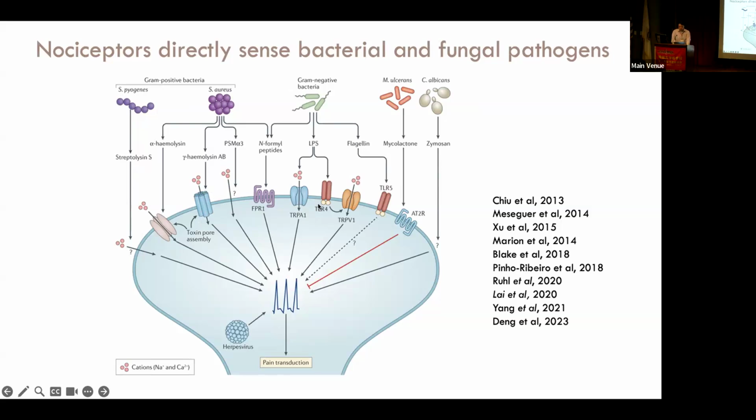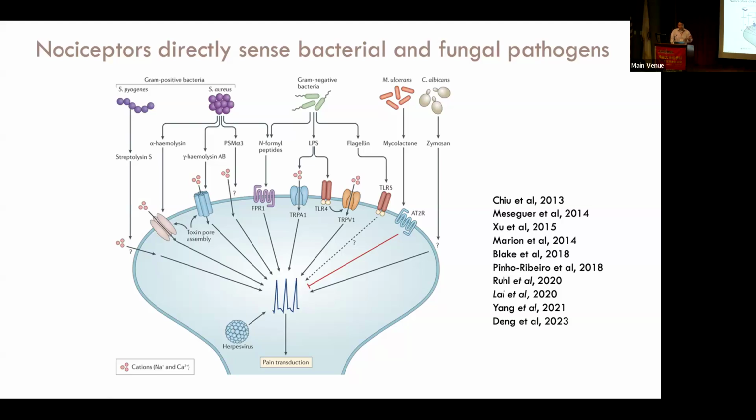There are also parallels with innate immune cells, where some of these neurons express toll-like receptors, TLR4, TLR5, which can detect gram-negative bacterial cell wall as well as flagellin. Fungal pathogens also cause pain, and viral pathogens like herpes virus can sensitize these neurons, right?